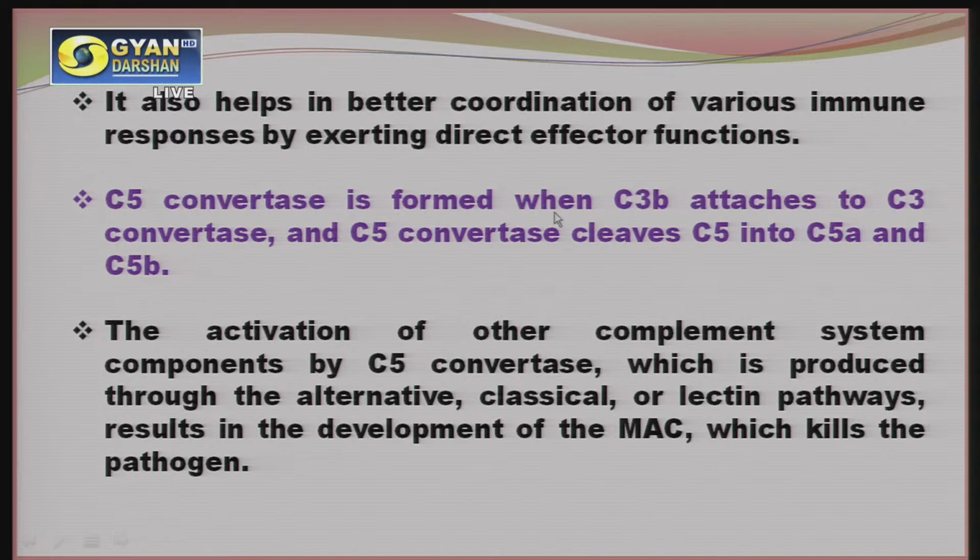C5 convertase is formed when C3b attaches to the C3 convertase, and C5 convertase cleaves C5 into C5a and C5b. The activation of other complement components by C5 convertase, which is produced through the alternative, classical, and lectin pathways, results in the development of the membrane attack complex, which kills the pathogens.